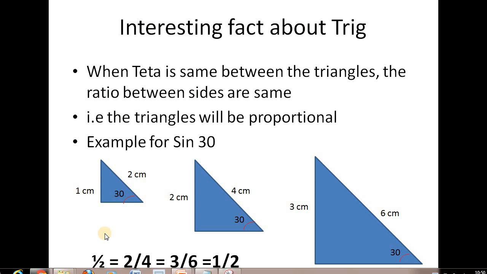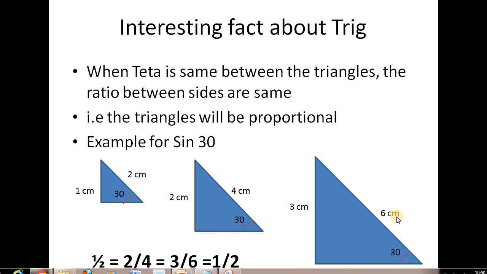So let the height of the first triangle be 1 centimeter, the second one 2 centimeters and the third one 3 centimeters. Since these are right angle triangles and for a predefined theta, if you draw the hypotenuse, it should be 2 centimeter, 4 centimeter and 6 centimeter.